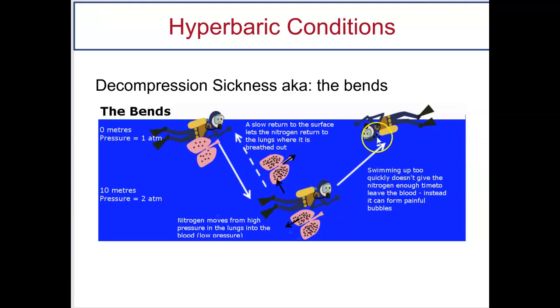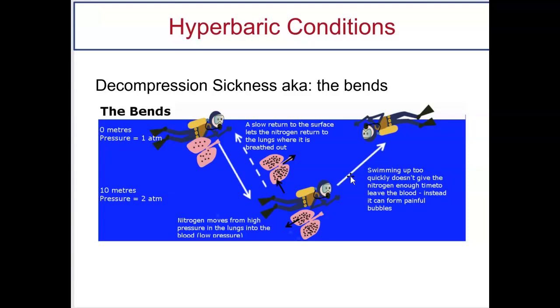However, if you come up too quickly, let me clarify. As we move up, the nitrogen leaves the blood, goes into the lungs, and you get rid of it. If we come up too quickly, the nitrogen can't slowly leave the blood. Instead, it comes out quickly. They say it's almost like boiling water.